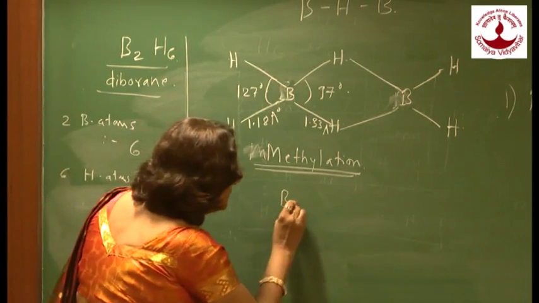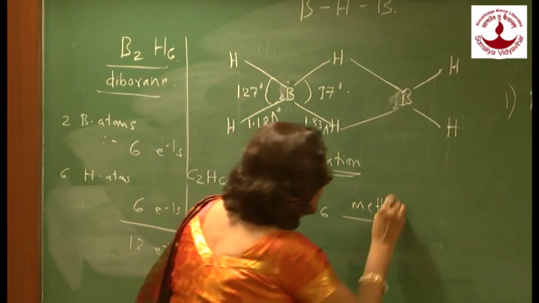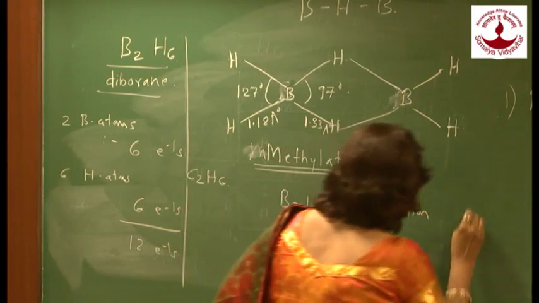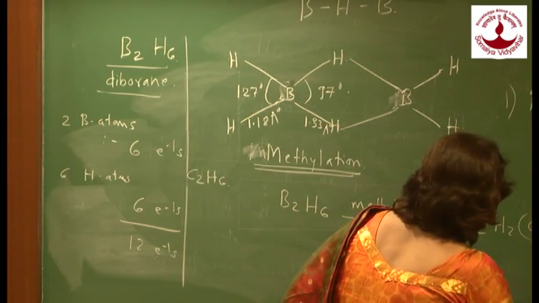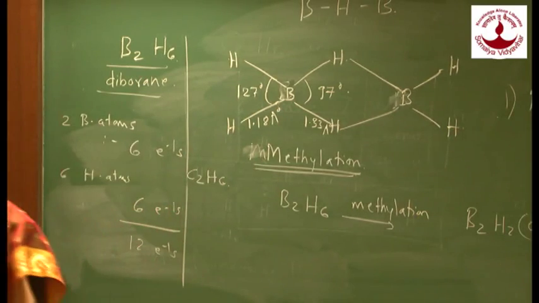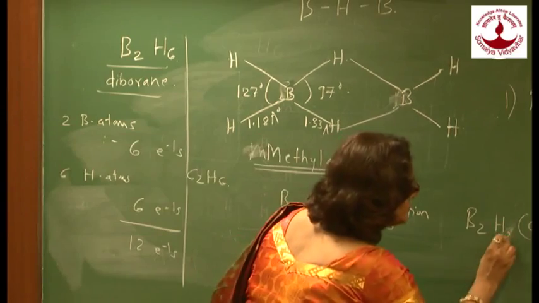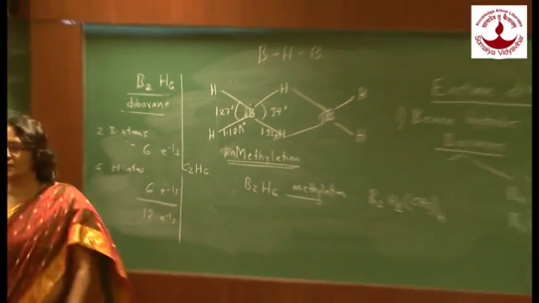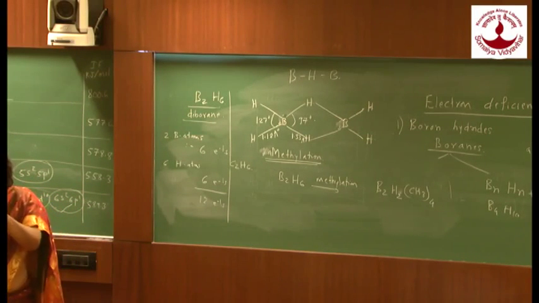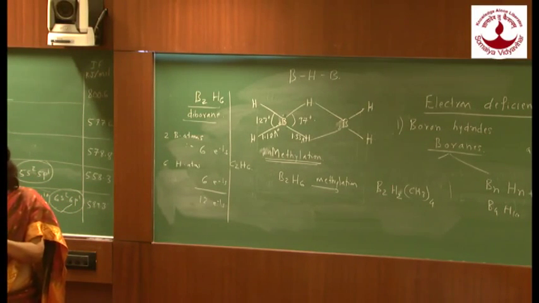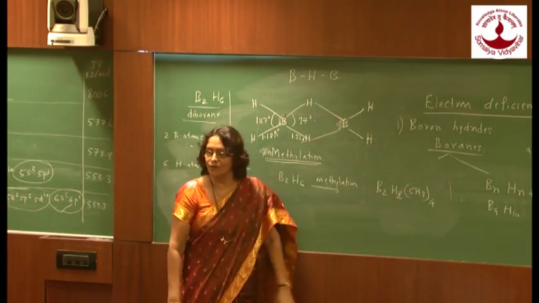But when you subject B2H6 to methylation, it first gives you B2H2(CH3)4. That means out of 6 hydrogen atoms, first only 4 hydrogen atoms are substituted, and therefore you get B2H2(CH3)4.